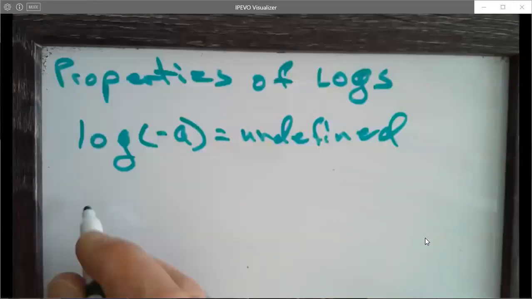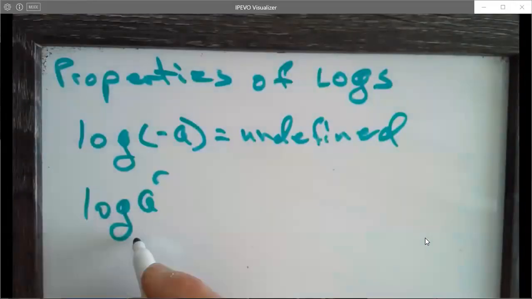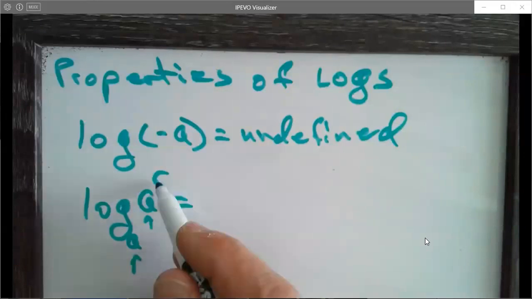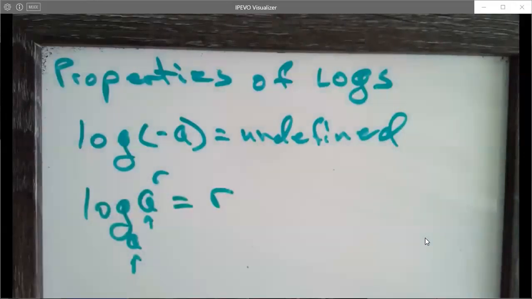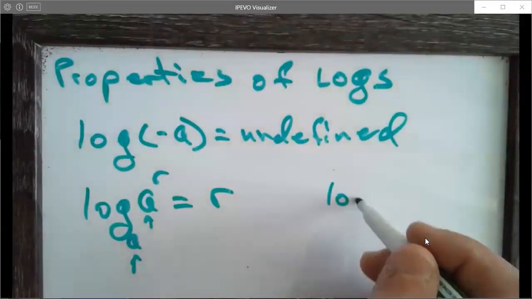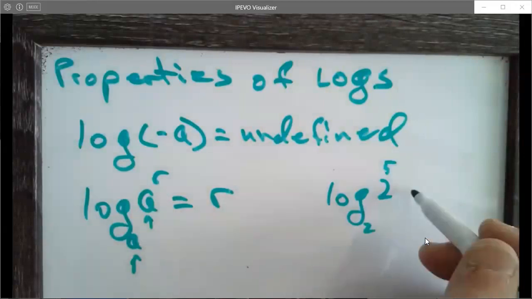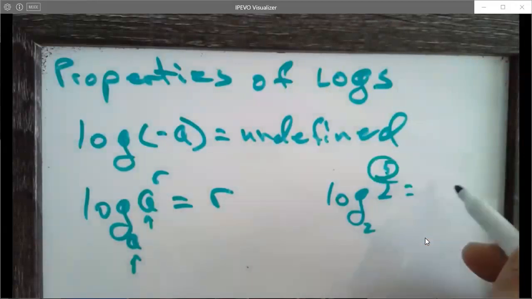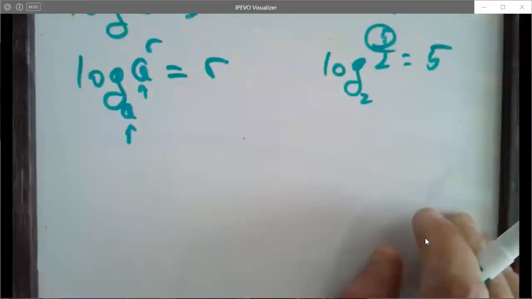Also, log a to the r base a: if the base of your logarithm is the same as the base of your exponent, then the answer is the exponent. So if we had log 2 to the 5th base 2, the answer would be your exponent, 5.